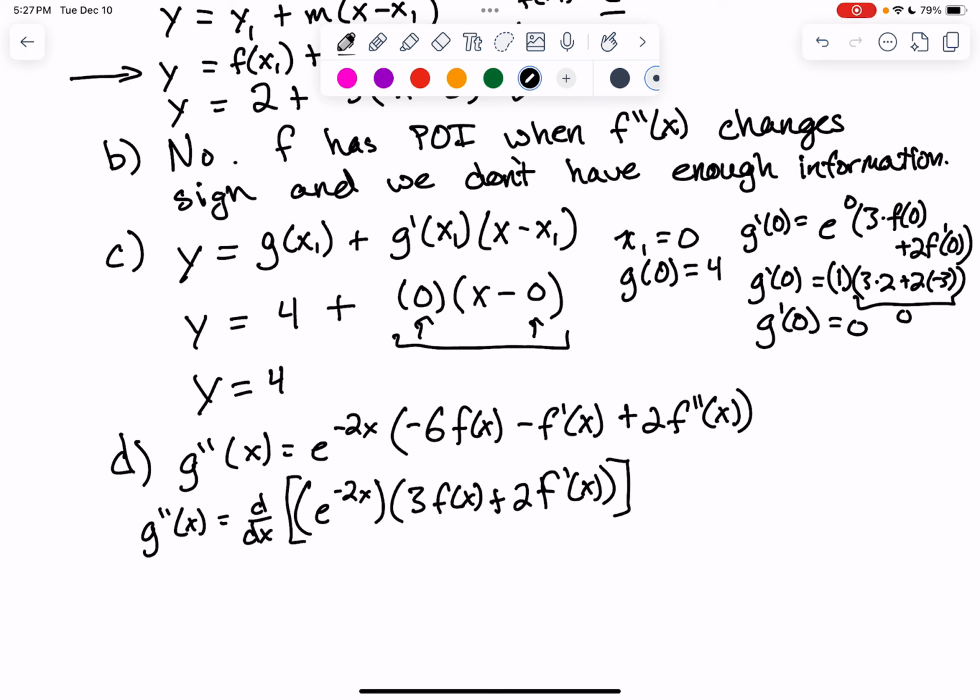So we're taking the derivative of that whole thing. Now I notice that this looks like an A-B product rule.